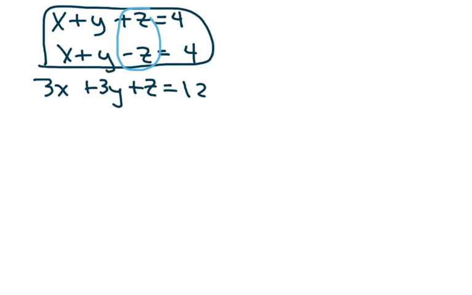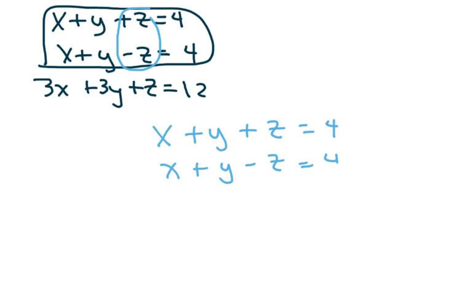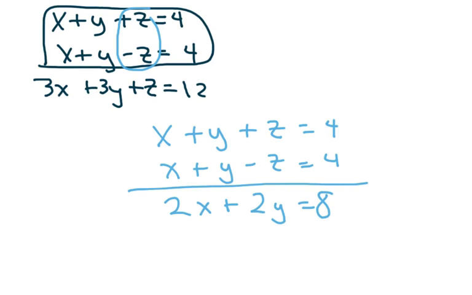So when I write this again, x plus y plus z equals 4, x plus y minus z equals 4. When I add, I get 2x plus 2y equals 8. All right?